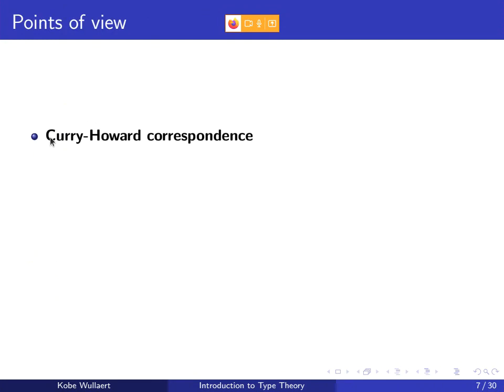One way to look at type theory or types is by the Curry-Howard correspondence, where you think of a type as being a proposition. Then a proposition holds if our type is inhabited, so if it has terms or points or elements.